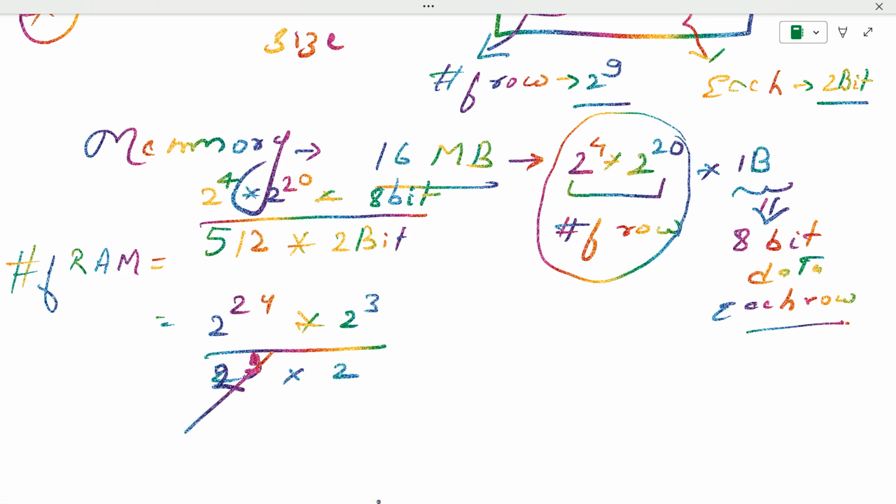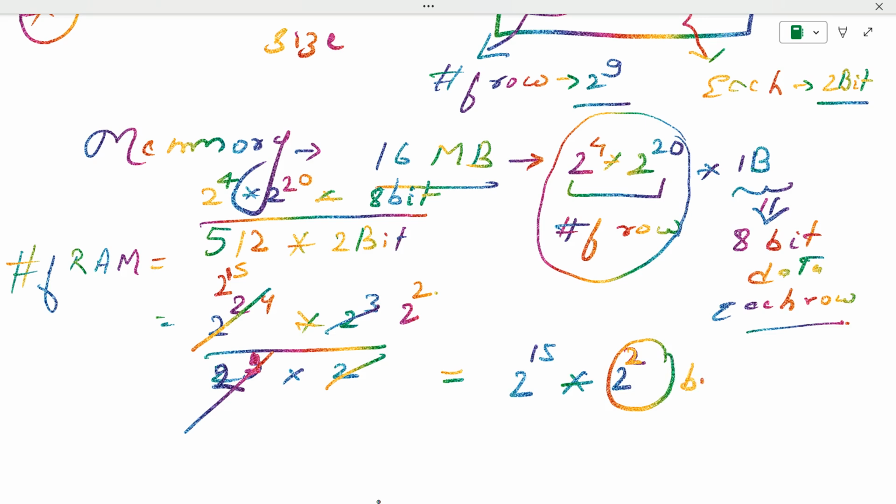Okay, so this will be getting cancelled, like 2 raised to the power 15, and this is 2 raised to the power 2. So now the number of RAMs required is 2 raised to the power 15 into 2 raised to the power 2 bit of data per row. Now this is bit.